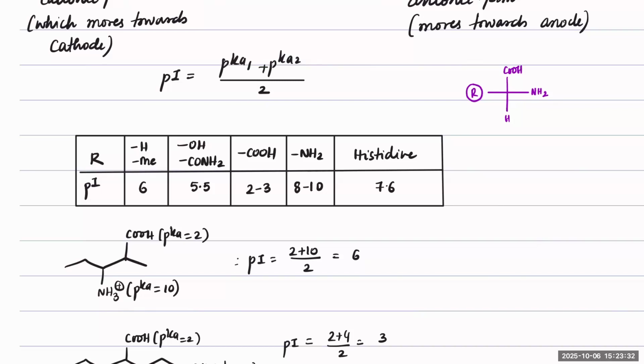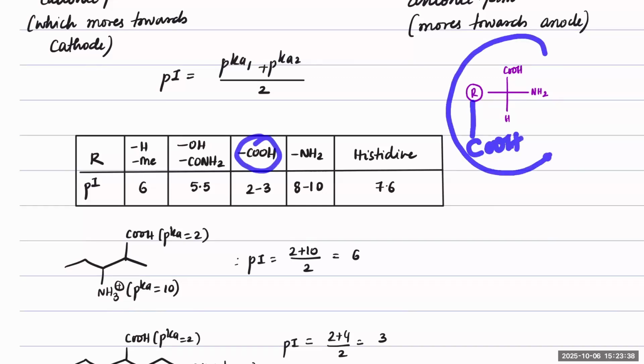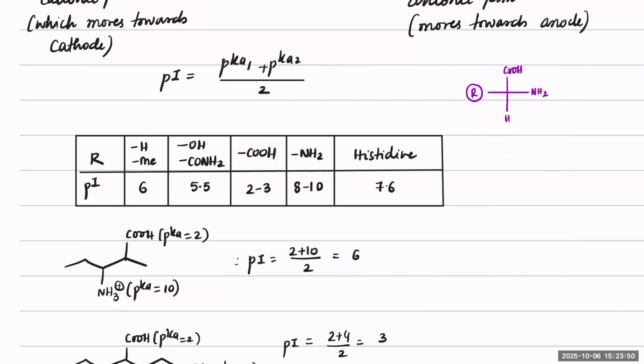But what you would notice, if there is an extra COOH group here, then this molecule will become an acidic amino acid, correct? Because you will have 2 COOH compared to 1 NH2. For acidic amino acid, the isoelectric point will come out to be close to 2 to 3.